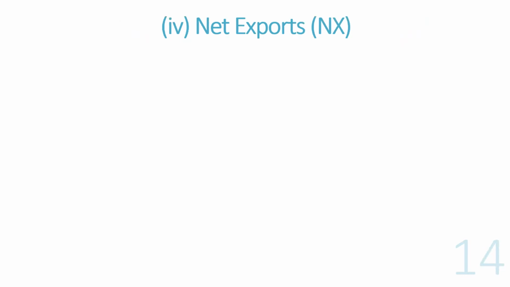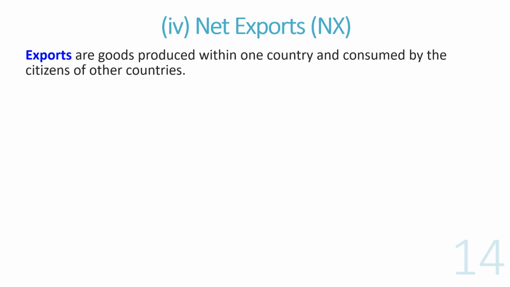The final part of expenditures is net export. Students, exports are the goods produced within one country and shipped to another. Exports create income in the producer country, but are not part of the consumption and investment spendings of residents.